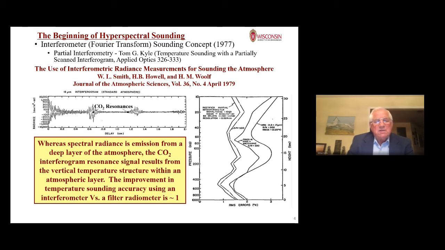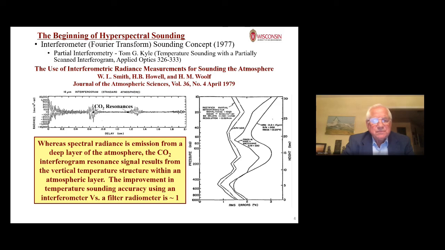And what we saw was that whereas spectral radiance, like was measured from the NIMBUS satellite in the beginning, if you measure radiance directly, it's emission from a deep layer of the atmosphere, as we saw from those weighting functions.